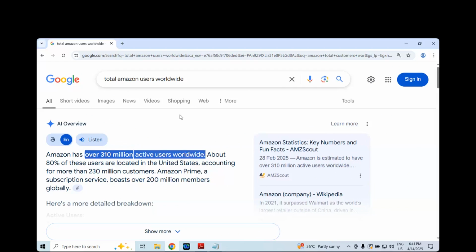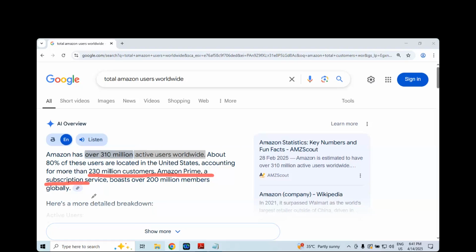Can I tell you one thing? 230 million customers have an Amazon Prime subscription. With Prime, you get delivery very quickly, and you can also watch Prime videos. Every month Amazon automatically gets money from them.